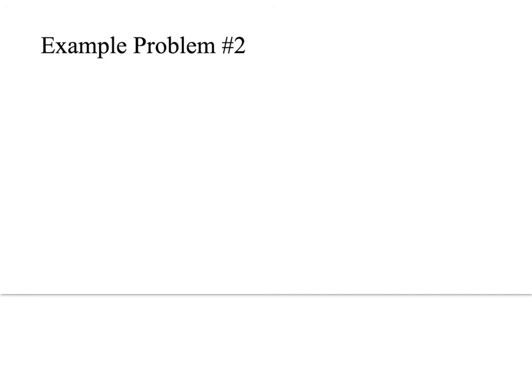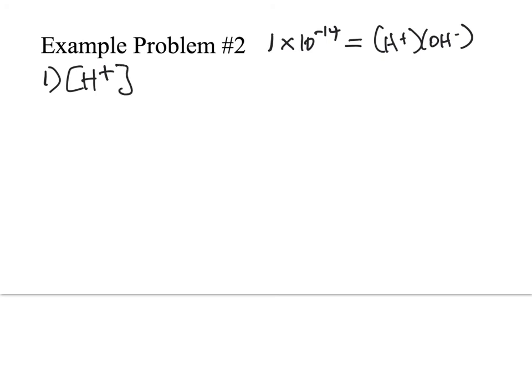In our second example problem, we're going to use Kw, 1 times 10 to the negative 14th, and solve for hydronium or hydroxide, just depending on what we're given. And let's look at 3 examples. Number 1, hydronium is equal to 1 times 10 to the negative 5th.